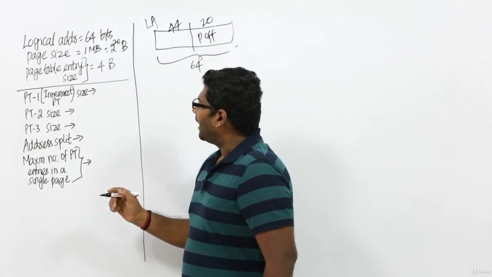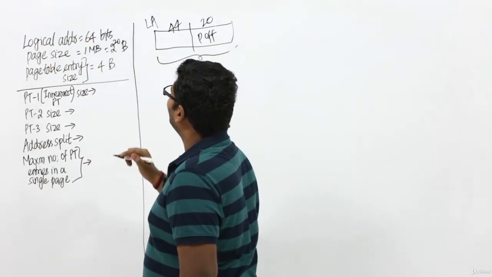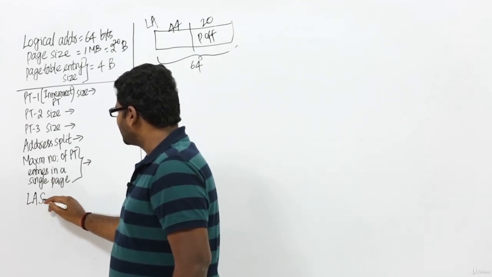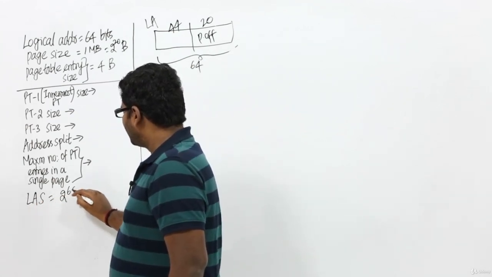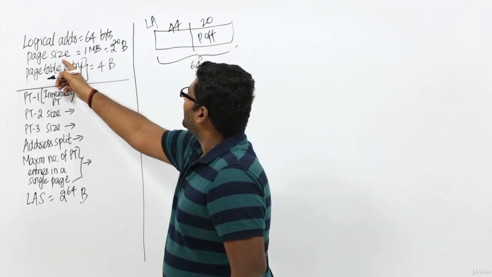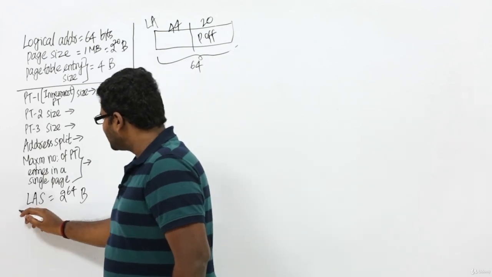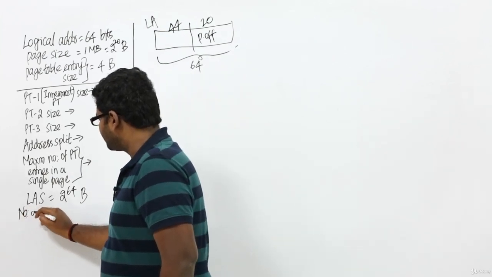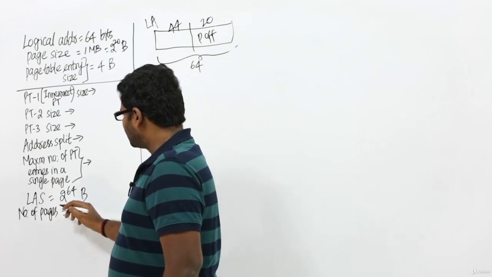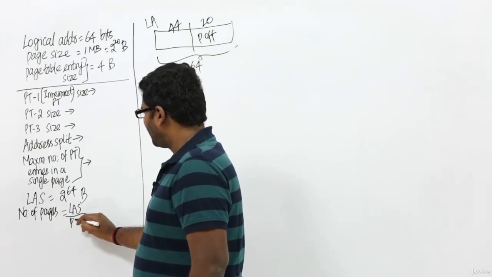For that, if logical address equals 64 bits, then our logical address space is nothing but 2 power 64 bytes. And also they have given that page size equals 2 power 20 bytes. Now the number of pages our process will have is nothing but logical address space divided by page size.